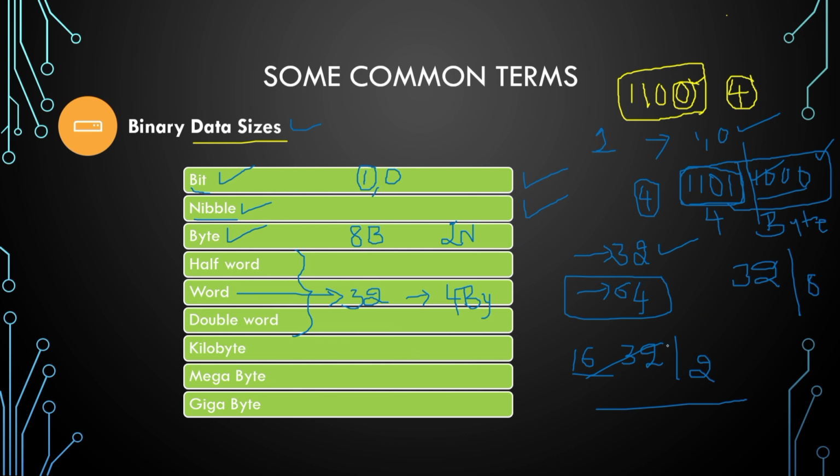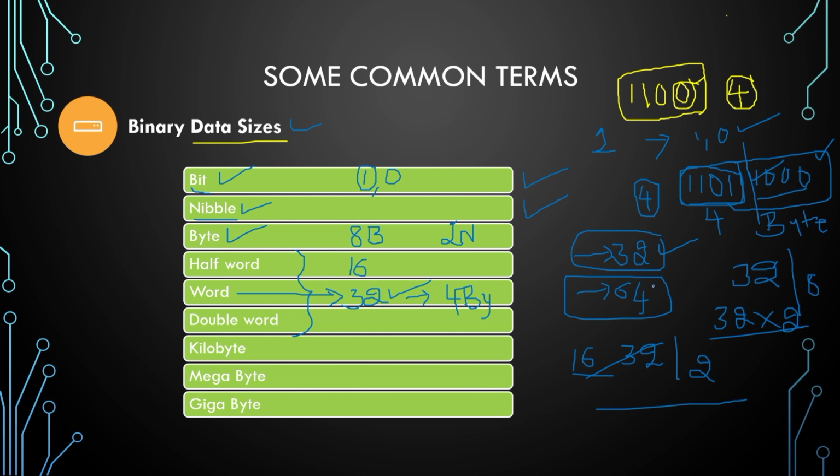And double word is when you multiply this 32 by 2, because whatever is multiplied by 2 becomes double of it. So this is your 64. So word is 32-bit data if you are using a 32-bit system, half word is half of it, that is 16 bits, which is 2 bytes, and double word is 32 into 2, that is 64 bits of data, which is 8 bytes.